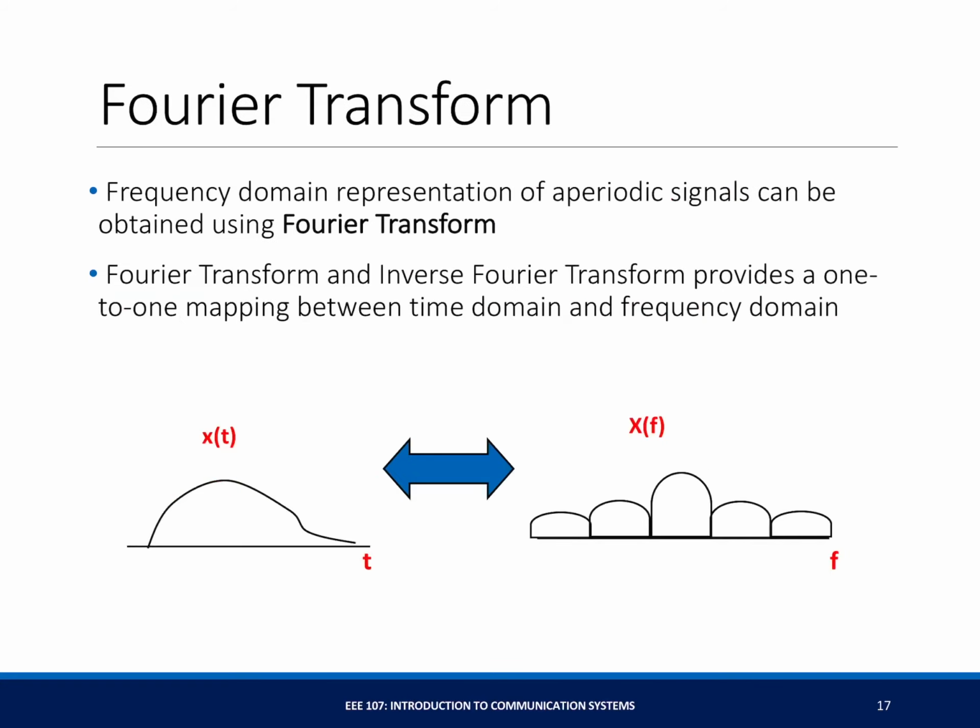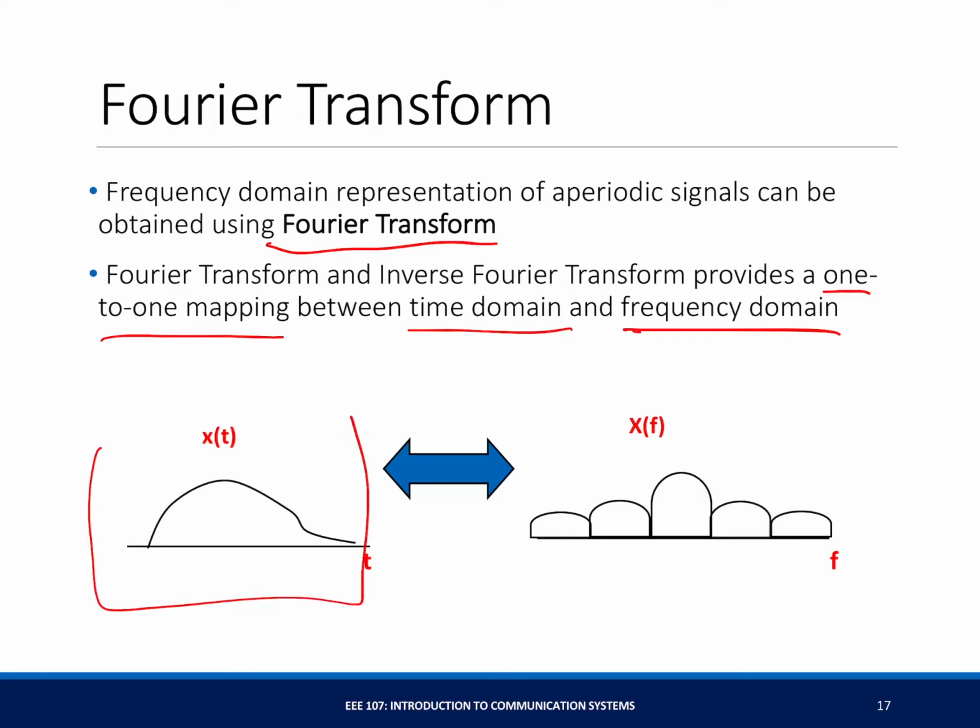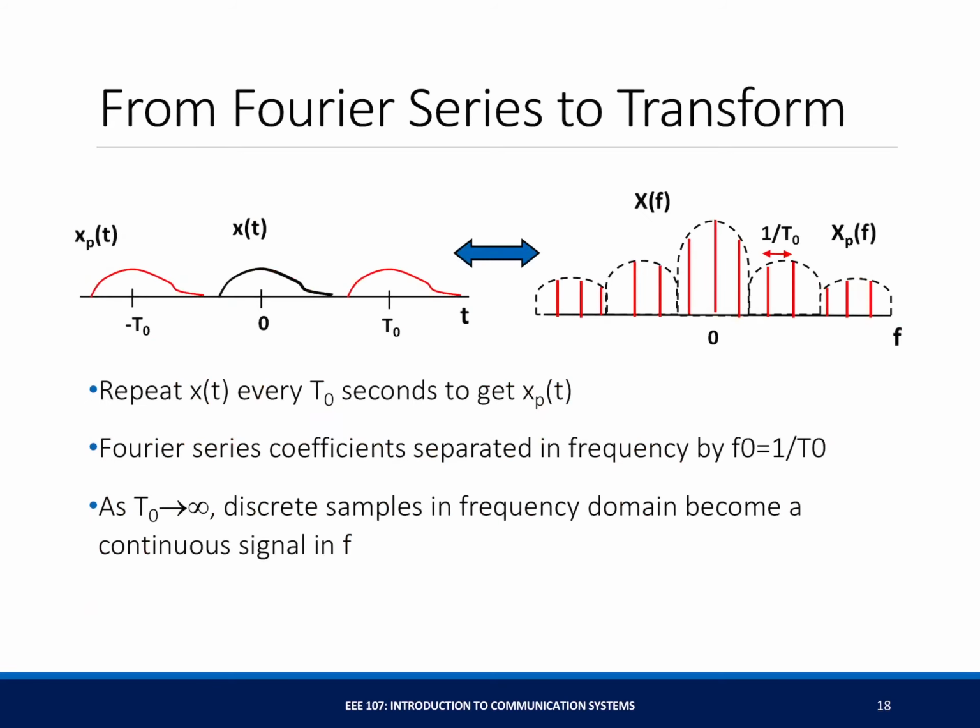So the frequency domain representation of any aperiodic signal, or even a periodic signal actually, can be obtained using the Fourier transform. The Fourier transform and its inverse provide what we call a one-to-one mapping between the time domain and the frequency domain. So you have a time domain signal and a frequency domain signal.